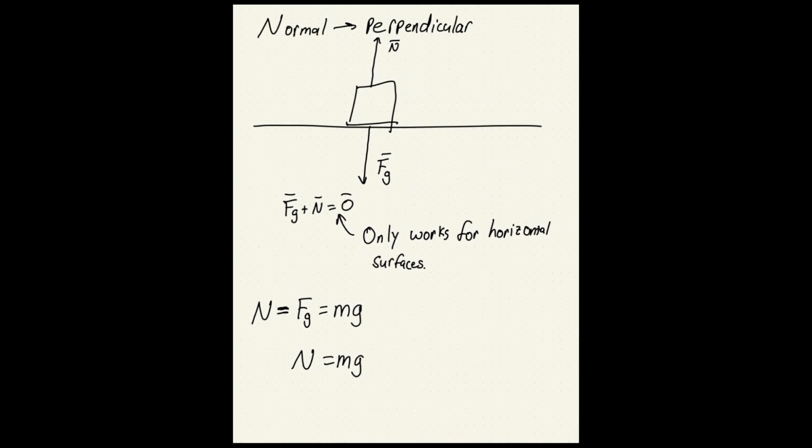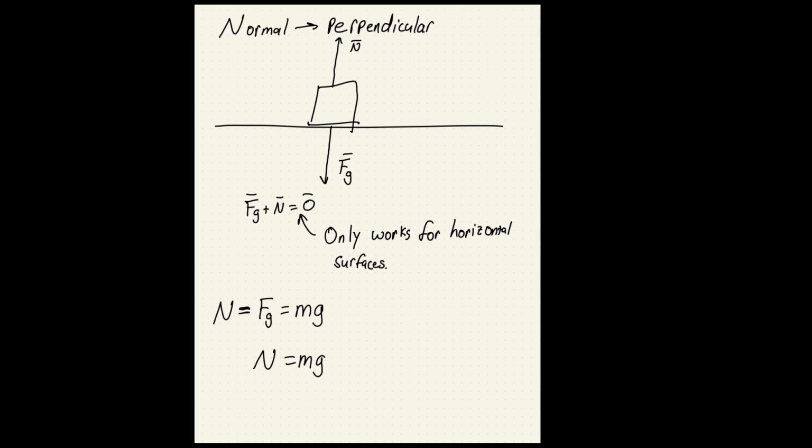The reason why I want to talk about this normal force in this part of the conversation is simply because it affects the friction force. And if I want to calculate a friction force, I need to be able to figure out where my normal force is, what direction it points, and how big it is. So back to our friction world, we'll talk about kinetic friction one more time. We know the equation is F sub k is equal to mu sub k, the coefficient of kinetic friction, times our normal force.